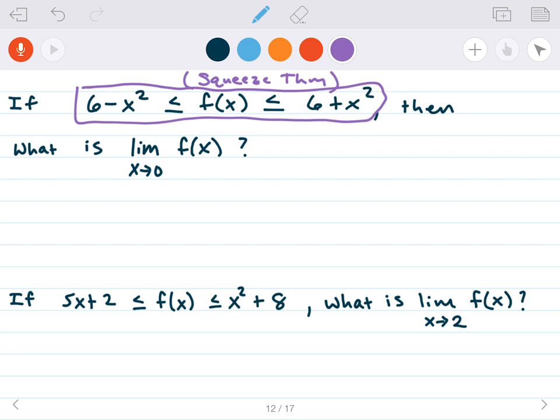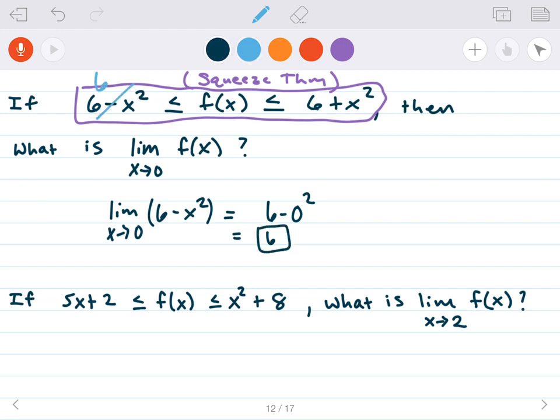So first, what is the limit as x goes to 0 of 6 minus x squared? Well, this is a continuous function, right? It's a polynomial. So we just plug in 0 for x, and we get 6 minus 0 squared, which is just 6. So the limit of this is 6.